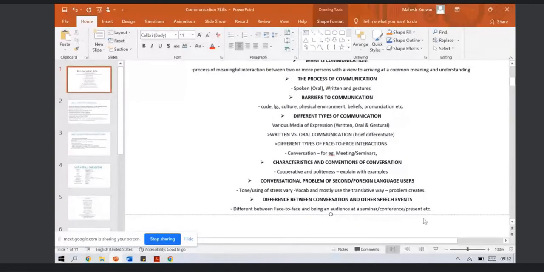And another thing in communication skills is the difference between conversation and other speech events. What are the differences? Conversation means interaction, where you are exactly talking to the person.